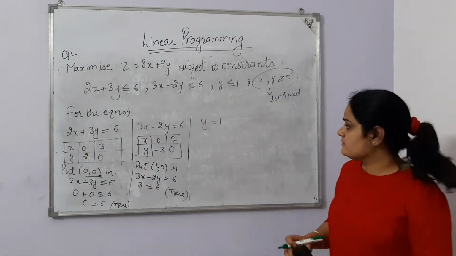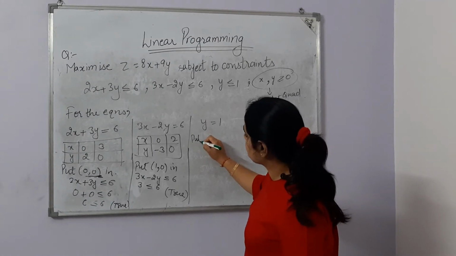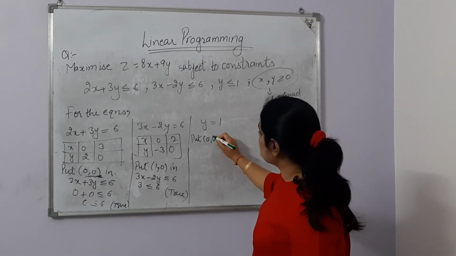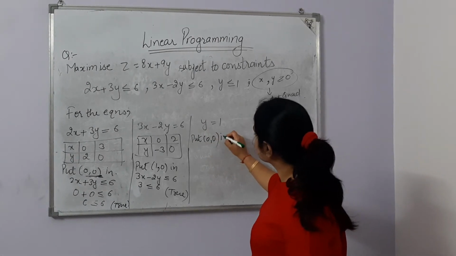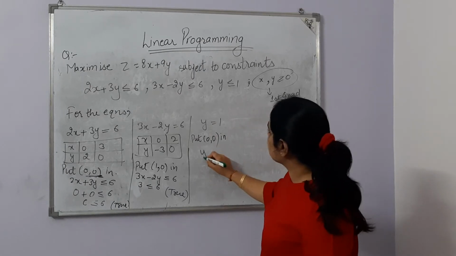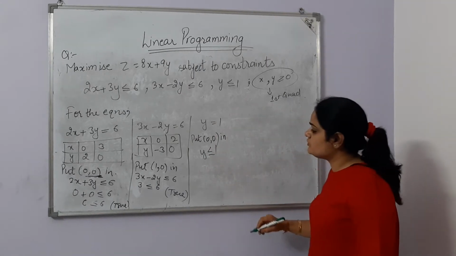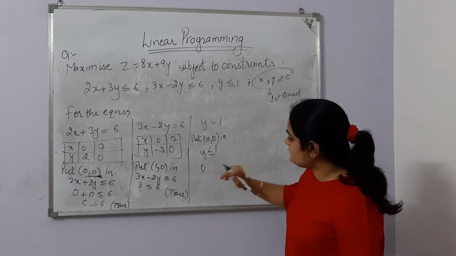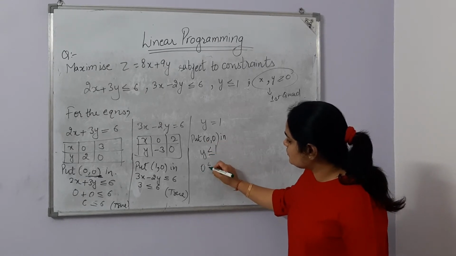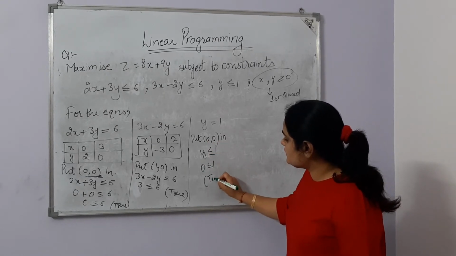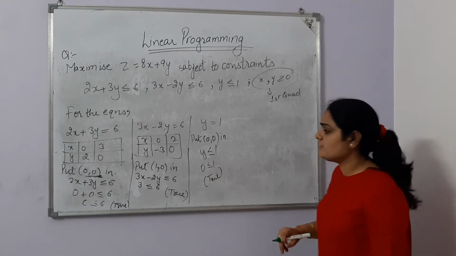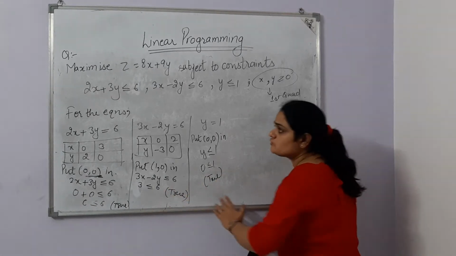And y is equal to 1. If we take 0, 0 in the inequality y less than or equal to 1, x is not there, y is 0. So this is a true condition because 0 is less than 1. So all three conditions are true here.